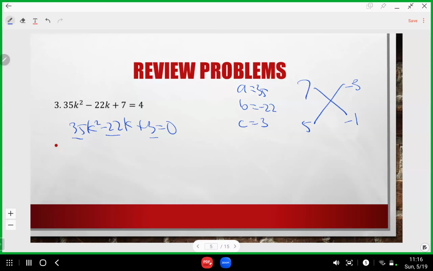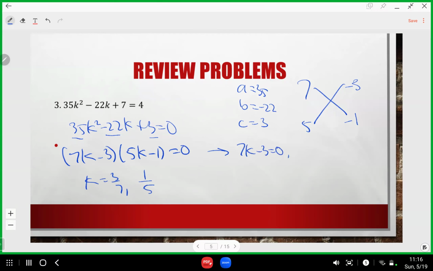Add those together, you get negative 22. The factored form of this is 7k minus 3 times 5k minus 1 is equal to 0. So because 7k minus 3 is equal to 0 and 5k minus 1 is equal to 0, you solve for k, and it is 3/7 and 1/5. So that is how you factor it. Again, reviewing.